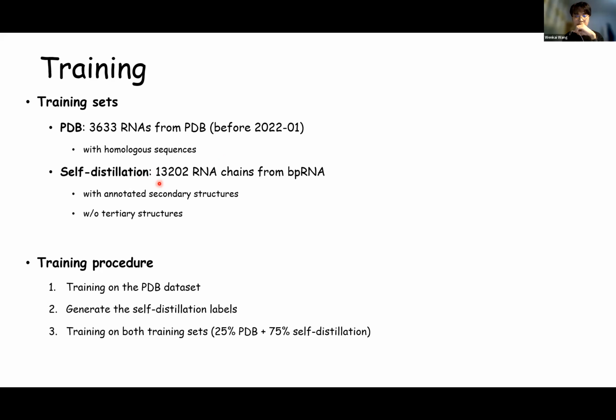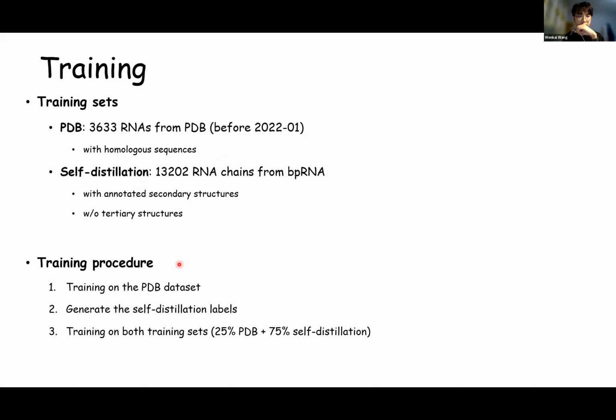The second is also borrowed from AlphaFold 2: we established a self-distillation dataset from bpRNA. These RNAs have annotated secondary structures, but their 3D structures were unknown.